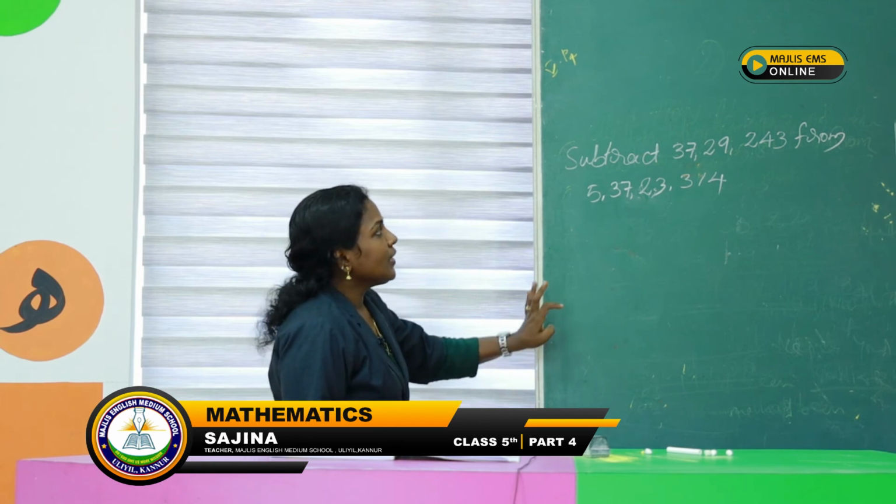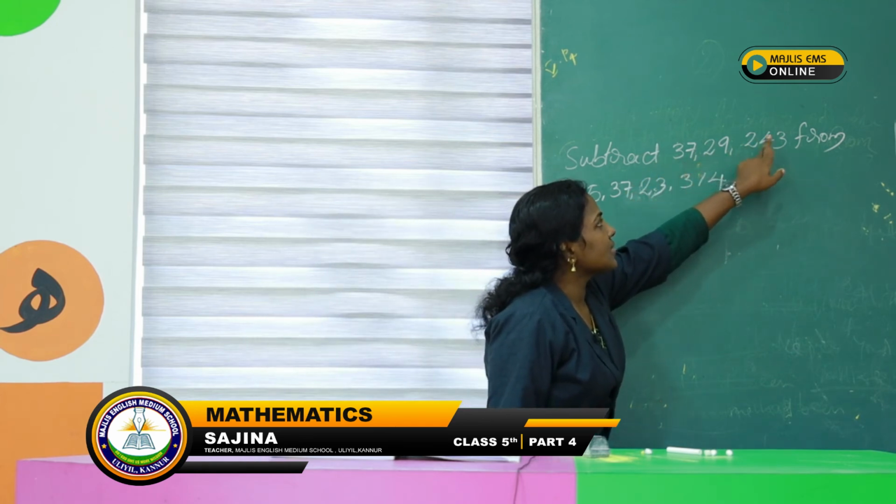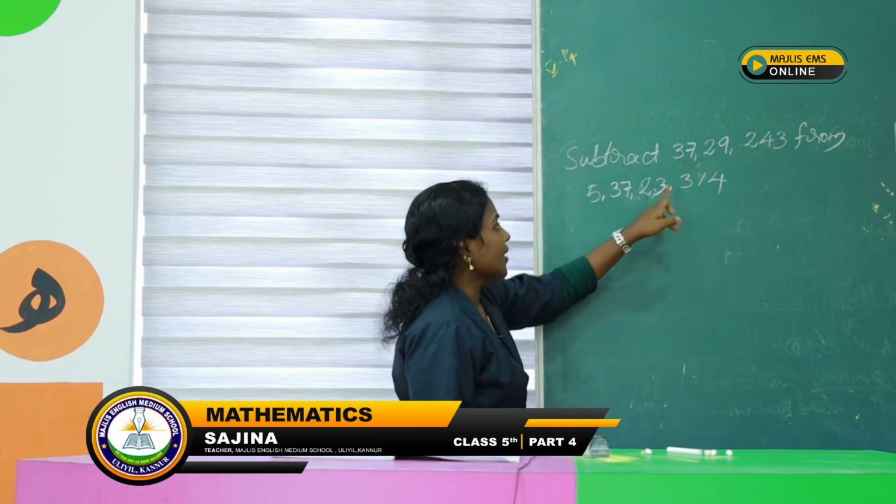Then here is a 1, 2, 3, 4, 5, 6, 7 digit number. This is an 8 digit number.